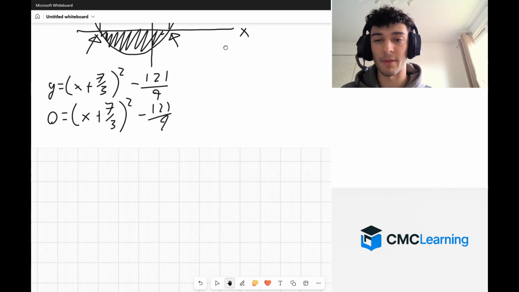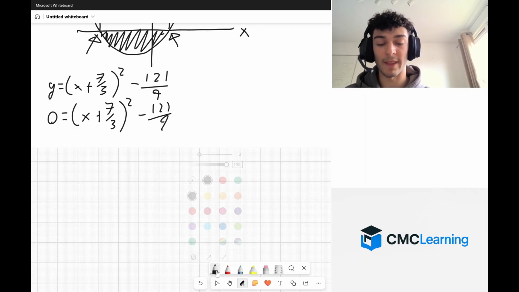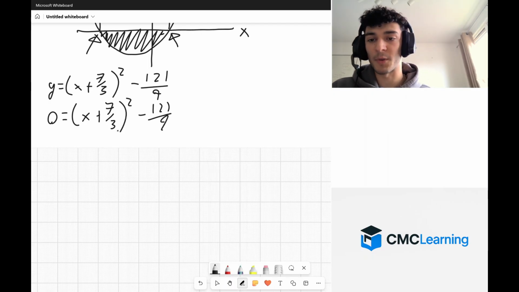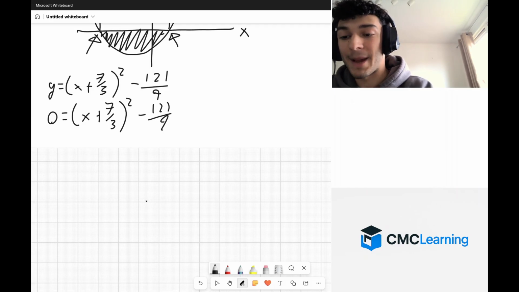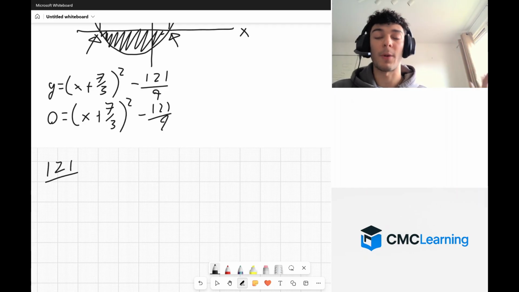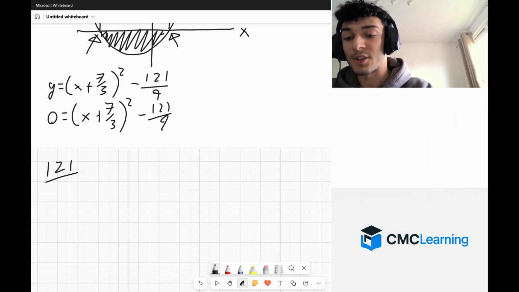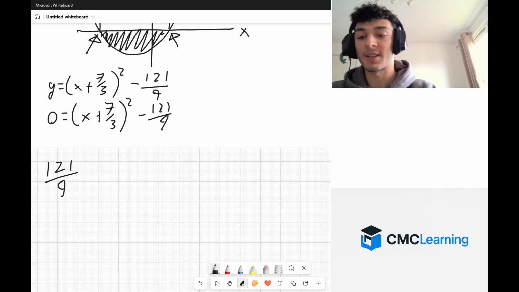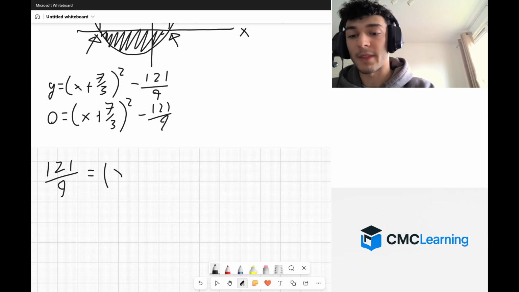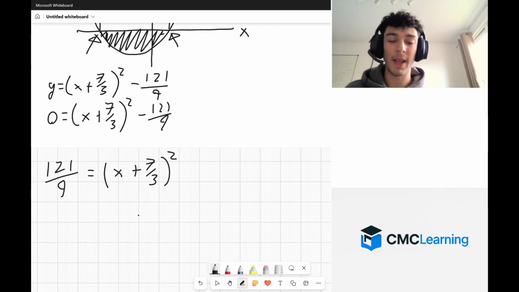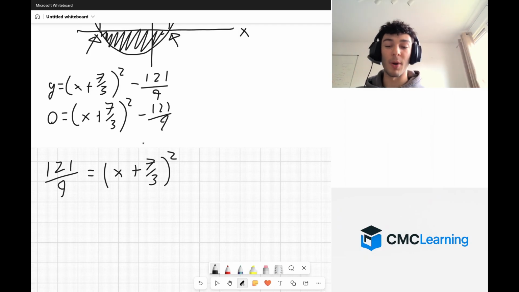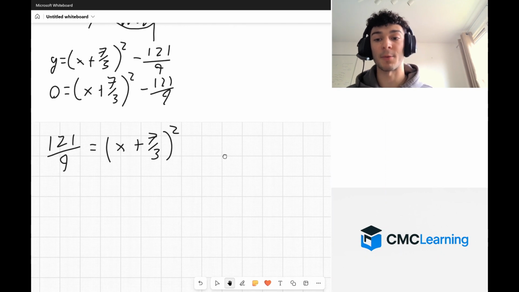If we were to solve this, there is something that we should respect in the mathematics. If we move this 121 over 9 to the other side of the equation, or sorry, add it to both sides, we're left with this. And from here we need to be careful. When we do the square root of both of these terms, this is where we introduce a plus or minus.